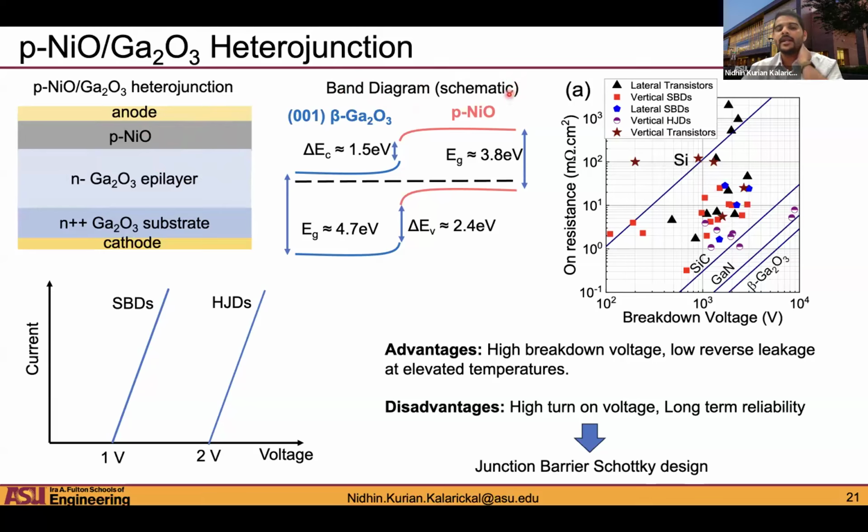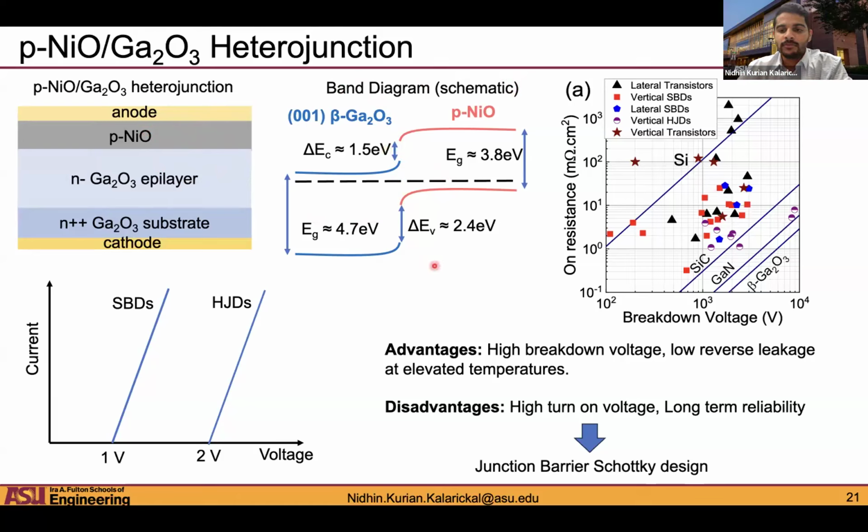So this is a schematic band diagram for this hetero p-n junction. And what is typically observed is a staggered type 2 band alignment with a conduction band offset of around 1.5 eV, and built-in voltage typically exceeds 2 eV for this heterojunction.